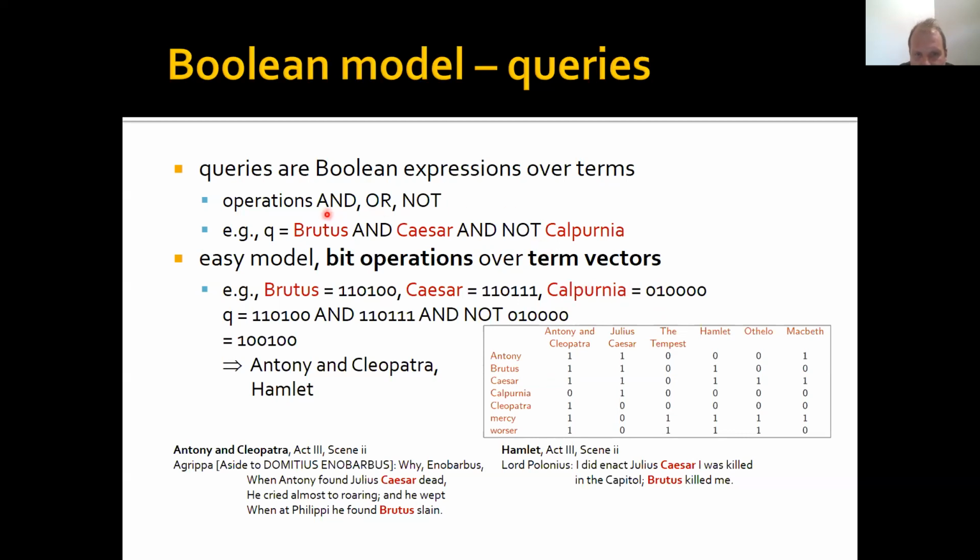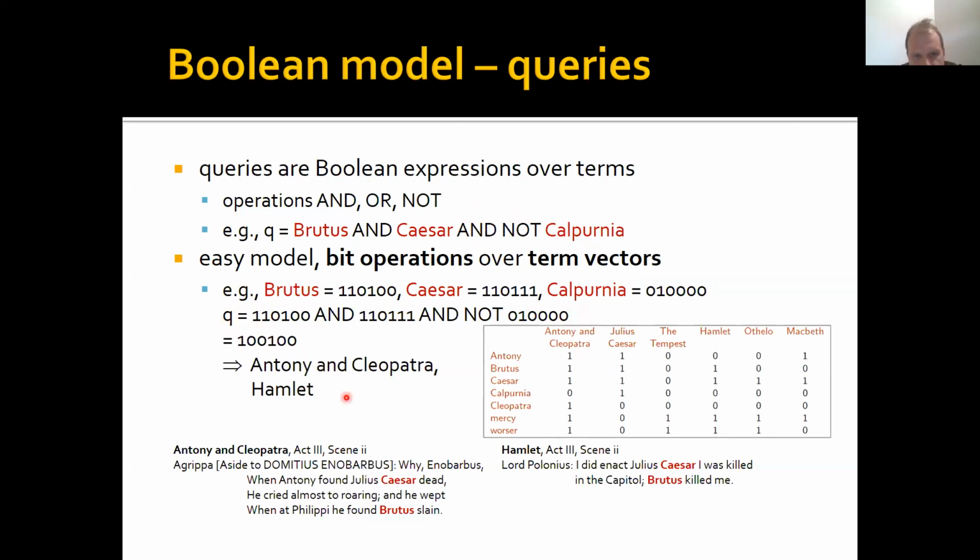We can accomplish this Boolean query by doing the Boolean operations on the bit strings, converting the logical operations to bit operations. So we will AND Brutus and Caesar, and NOT Calpurnia. We have these bit operations, and we get this final bit string that is the answer and says, okay, this query is true for 2 documents.